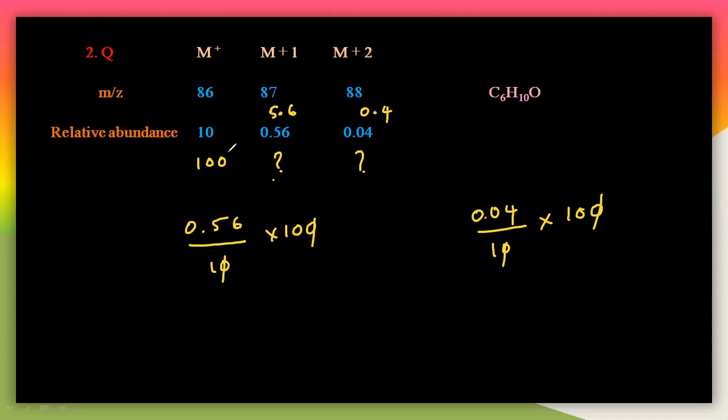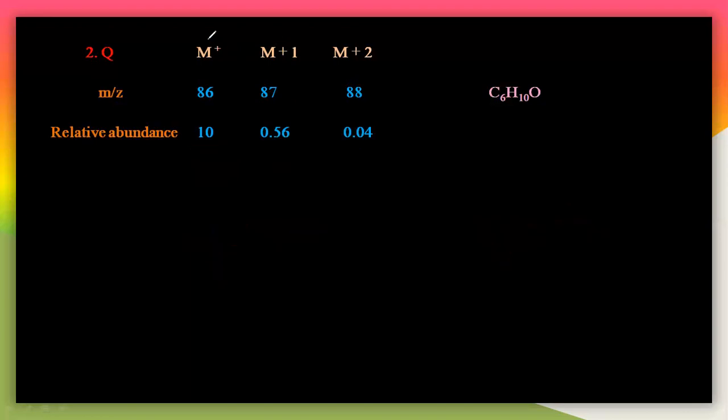Now here, this is 100%. When you make that 10 into 100%, then you will get the values as 0.56 to 5.6, and here you will get the value of 0.4. So you have to understand this. So I will write these values as this is 100 here, and this is 5.6, and this is 0.4 here. Now see here. So this is the first rule, and we have to make that into 100% here. So we have already done that.